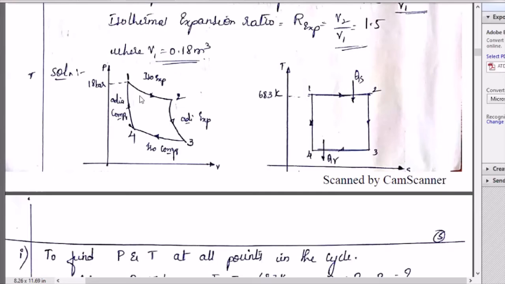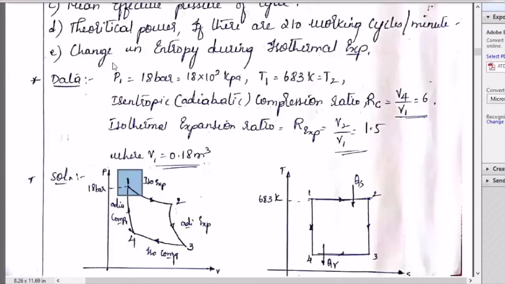Now, going to the PV diagram, 1 to 2, 2 to 3, 3 to 4, which is the maximum value for pressure? Observing the diagram, we can say P1 is the maximum. So I write down here P1 as 18 bar, or 18 into 10 raised to 2 kilopascal.